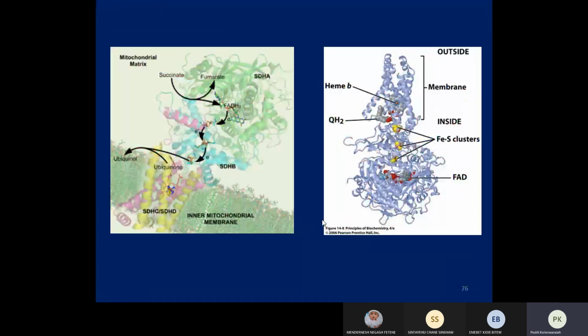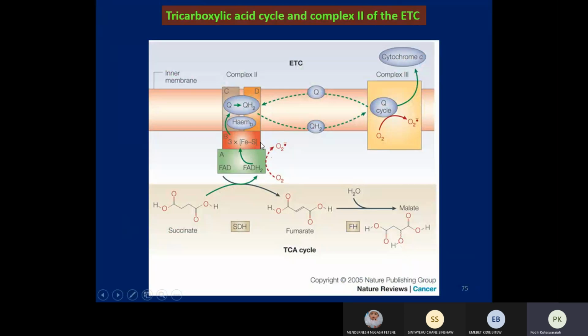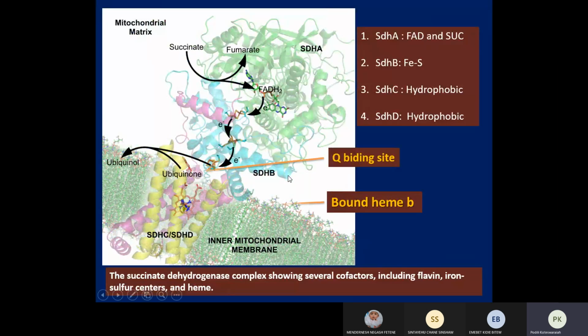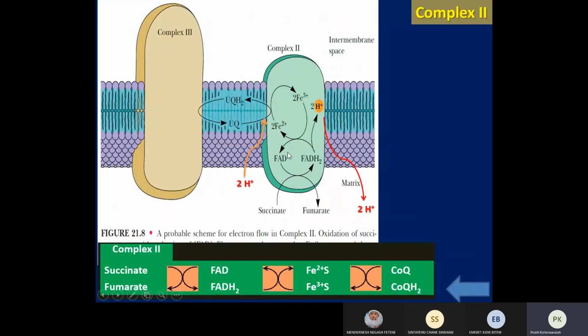You can clearly see here iron sulfur clusters. So this same diagram you can also see here. These iron sulfur clusters in turn cause the reduction of ubiquinone to ubiquinol.